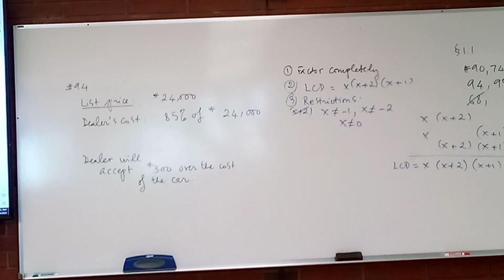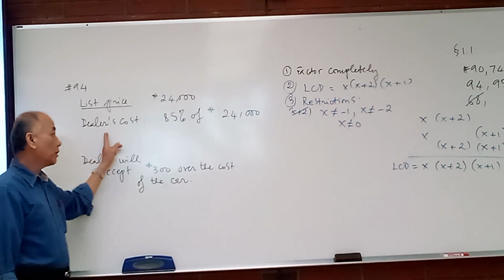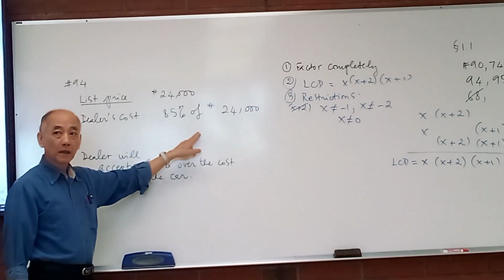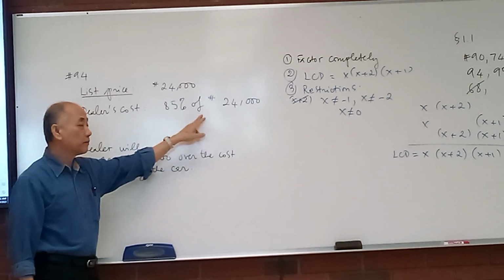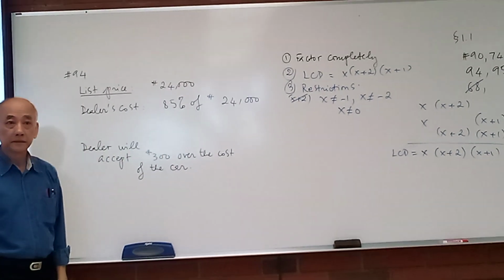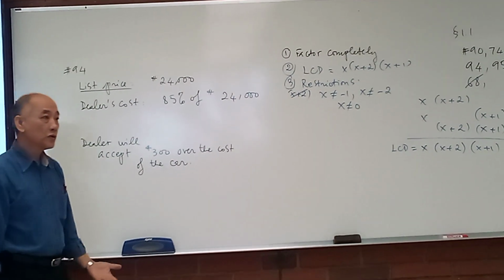So first, we know the list price. What is the dealer cost? What is 85% of 24,000? Just use a calculator.